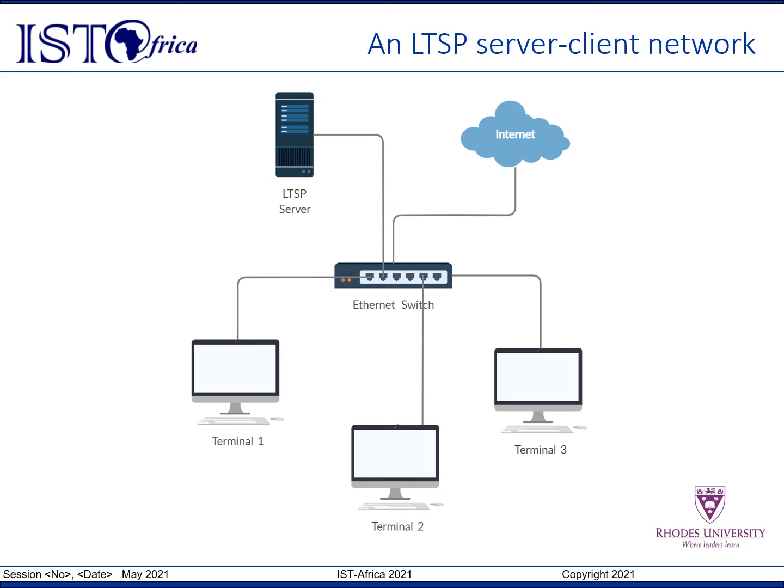These terminals can be connected as thin clients or thick clients, or on the previous version of LTSP, there's a possibility of having a hybrid network which includes both of the client types on the same network.